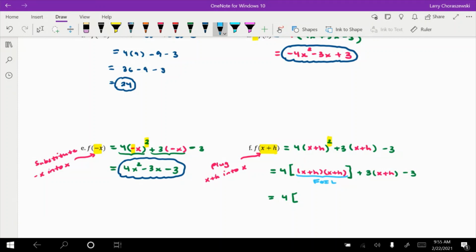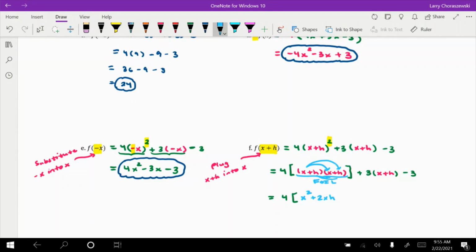All right, so after FOIL, we should have x squared, and then there are two copies of the expression x times h, right? So we have x times x giving us x squared, but then we have x times h, and then another x times h. So there are two copies of the expression xh.